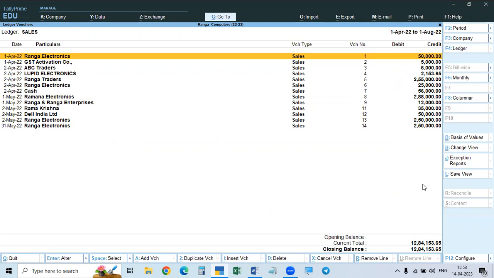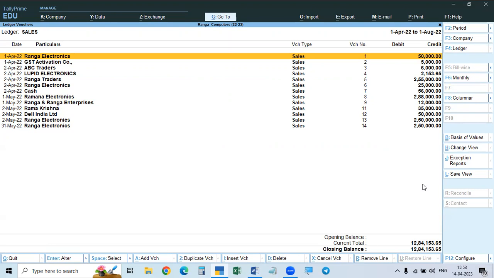Here, how and when he will issue the credit note and when he will issue the debit note, that we will learn. First of all, when the seller sells the goods to the customer, he will debit the customer's account and credit the sales account, isn't it?